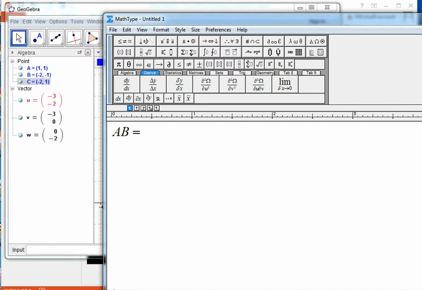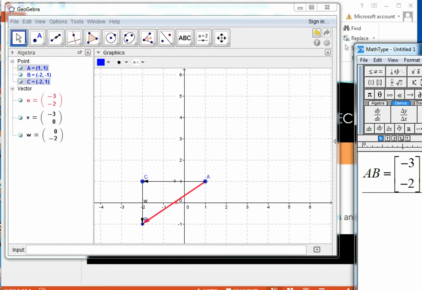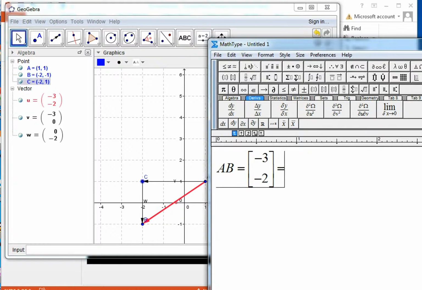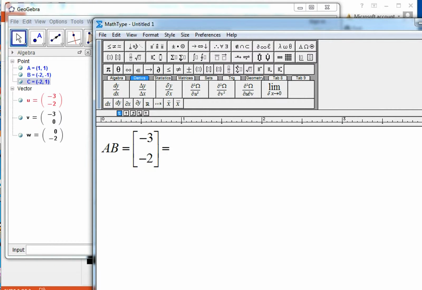From there we can say that vector AB, based on our example, is (-3, -2), but this is equal to the sum of AC, that is v, the one that is highlighted, and then w, this one there.